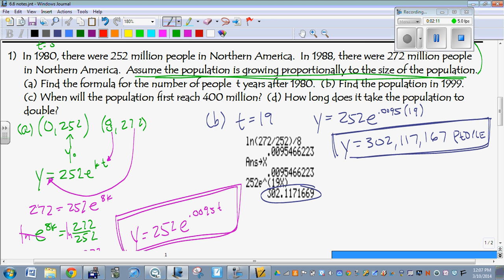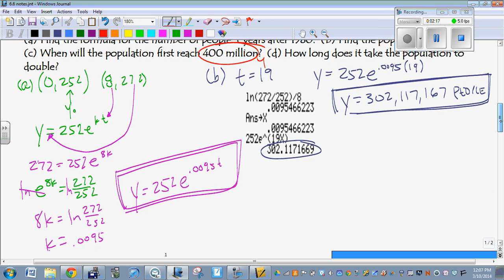Part C, when will the population first reach 400 million? So now this is a y value. So we're not plugging that in for t, but we're going to plug that in for y in part C. So we want to know when is 400 million equal to 252 times e to the 0.0095t. So we're going to solve this kind of like we did part A. We're going to divide both sides by 252.